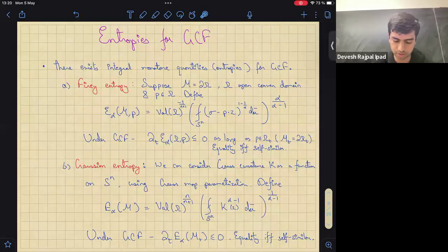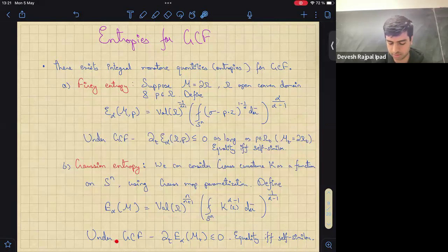There's another interesting entropy, which is the Gaussian entropy. Using Gauss map parametrization, we can think of the Gauss curvature as a function on the sphere, and we'll define this integral, which is K raised to alpha minus 1 over Z, using Gauss map parametrization, raised to an appropriate power and normalized in volume.